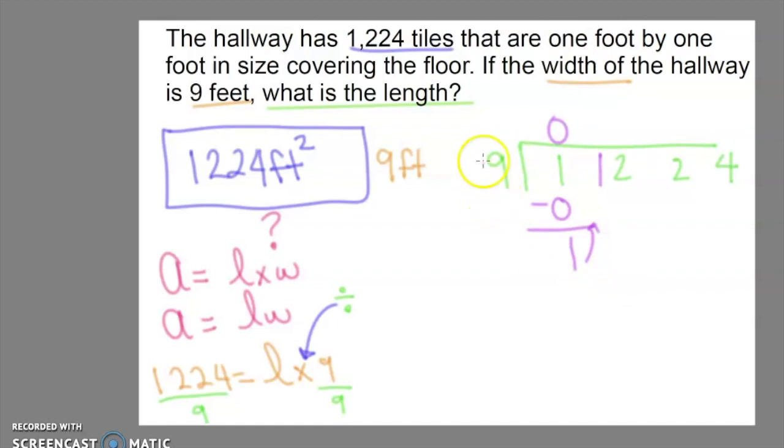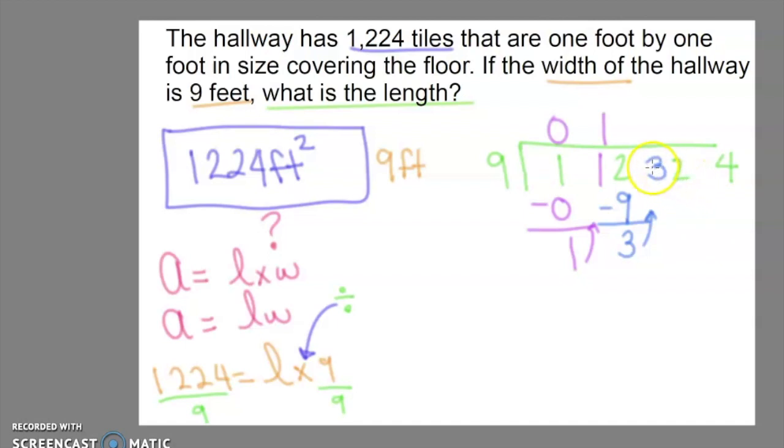How many groups of 9 can I get out of 12? 9 times 1 is 9, because if we said 9 times 2, that will be 18, and that will be way too much. So 9 times 1 is 9. Let's go ahead and subtract. 12, take 9 away. That leaves us with 3. Now we get to take that 3 up there, and now it became 32.